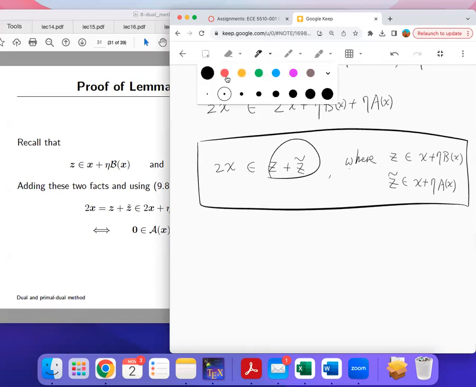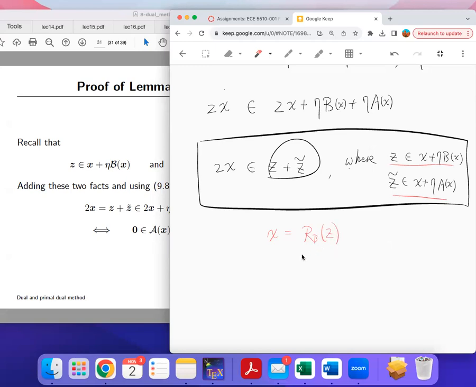And then from these two inclusion properties, we get x equals R_B z and x equals R_A z tilde, by taking the inverse, inverting the right hand side to the left hand side. After inversion, that is the definition of the resolvent operator.